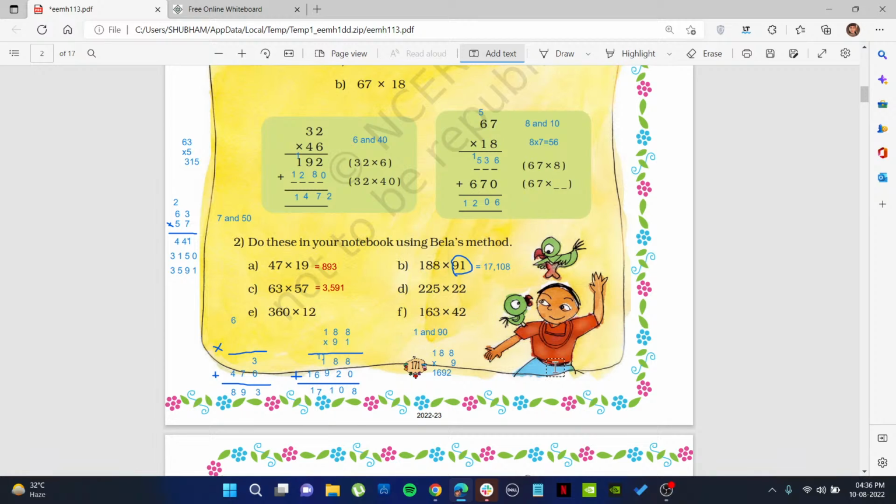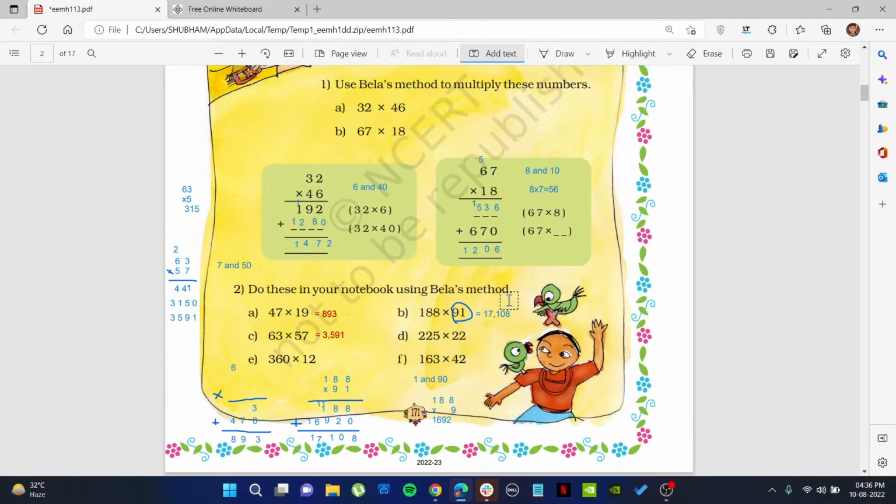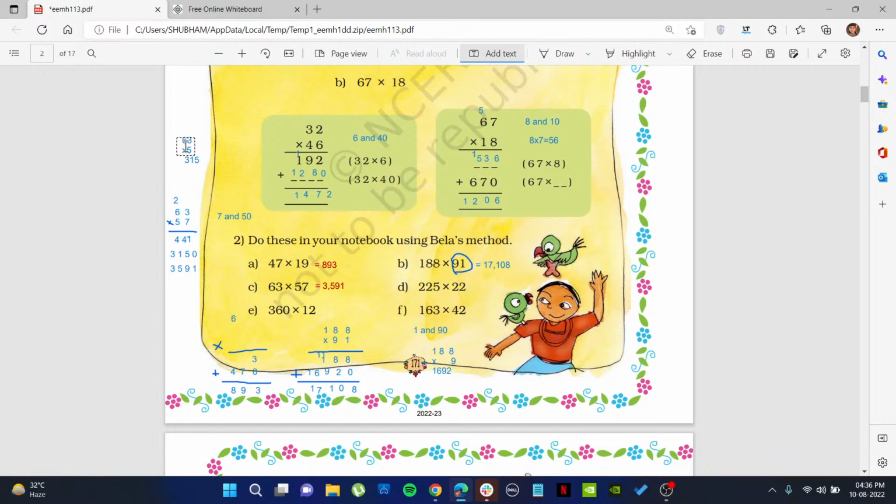Now let's solve for question D, in which we need to multiply 225 with this 22. So similarly, let's do it here. 225 times 22.